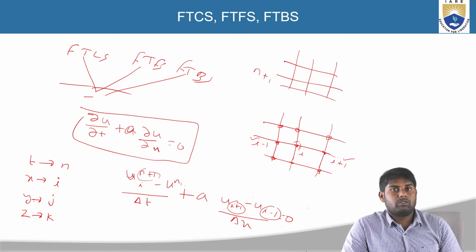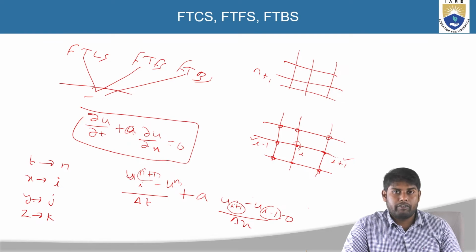There is nothing to it in writing CTCS or CTFS, but when we apply these to a particular equation, we need to see how it reacts with time, with stability criteria, with errors and consistency.